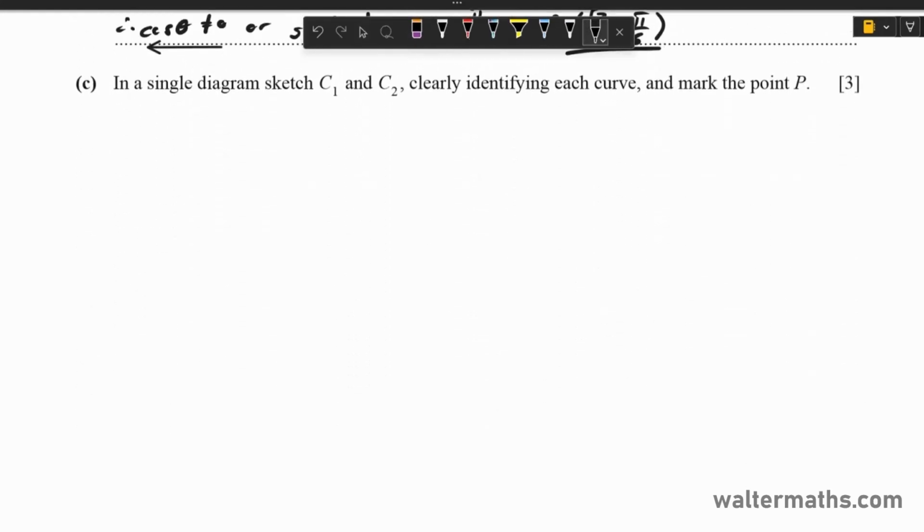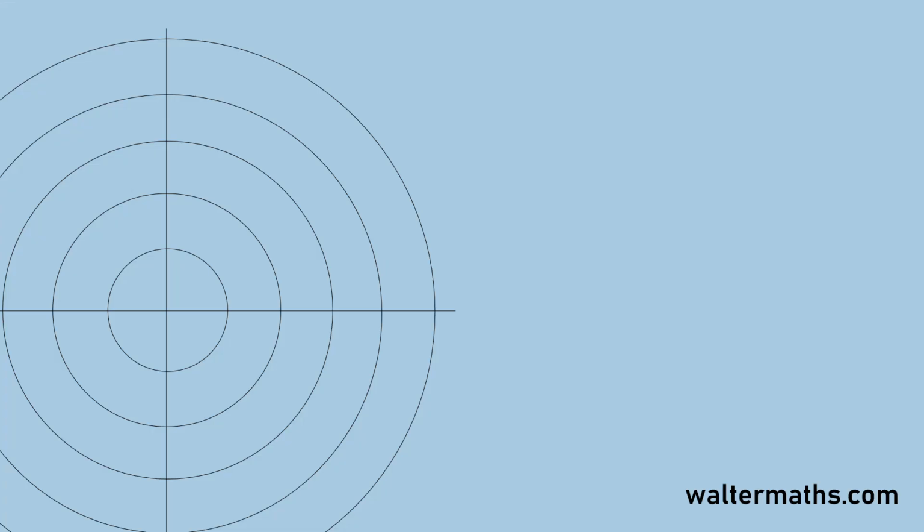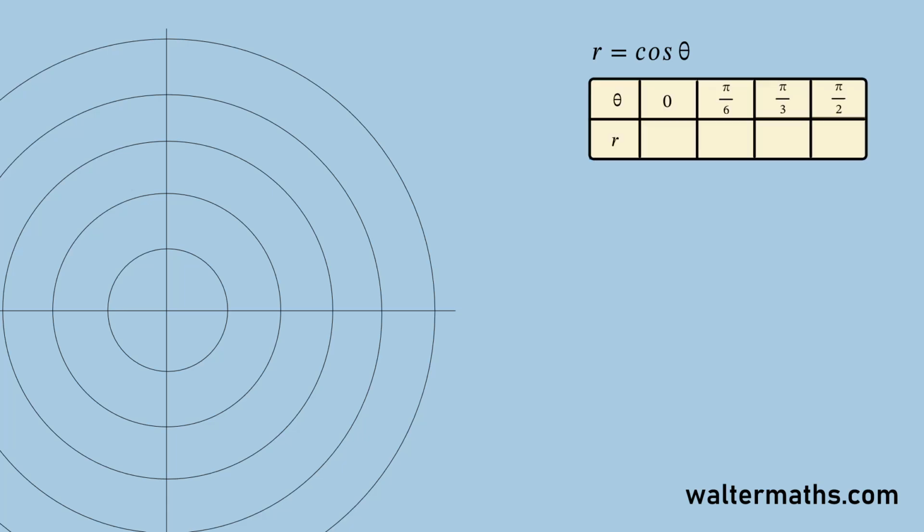In a single diagram, sketch C1 and C2, clearly identifying each curve and mark the point P. So to make the sketch, we are going to start with the curve r is equal to cos theta, and I'll make a table of values for it. So I'm going to use these intervals.